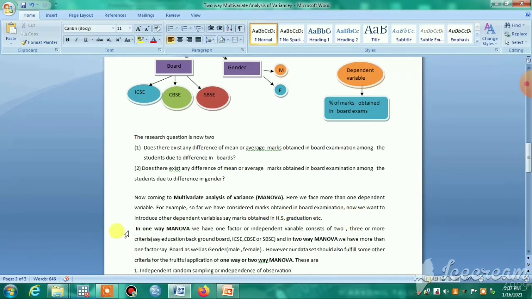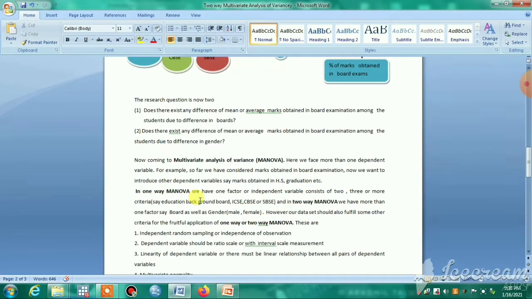Now we want to introduce other dependent variables, say percentage of marks obtained not only in board exam but also in HS, and also in graduation, etc. So in one-way MANOVA, we have one factor or independent variable consisting of 2, 3 or more criteria, say educational background, board, ICSE, CBSE or SBSE of the student. And in two-way MANOVA, we have more than one factor, say board as well as gender, just like two-way ANOVA, but here the dependent variable is more than one.